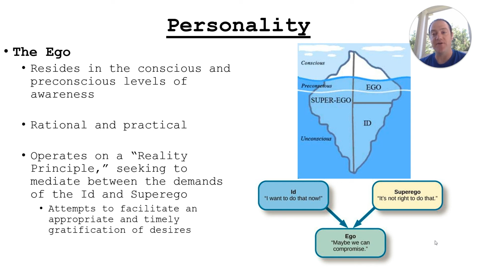There may be some scenarios where both the id and the superego are right, or maybe you've been taught something to be right that is actually in actuality wrong. Because the superego is made up of what you've been taught and what you've been told is right, they don't always line up perfectly. So don't think of it as superego is always right, id's always wrong, and angel devil on your shoulders. I mean, most of the time, yeah, that's going to be an easy way to think of it, but don't think it's like that 24/7.